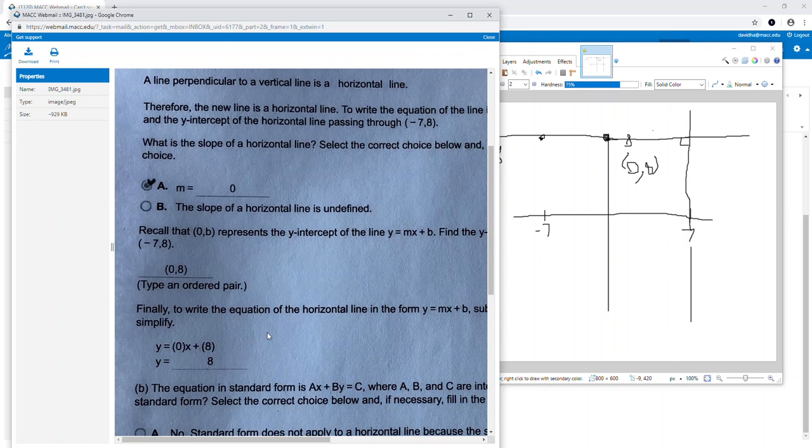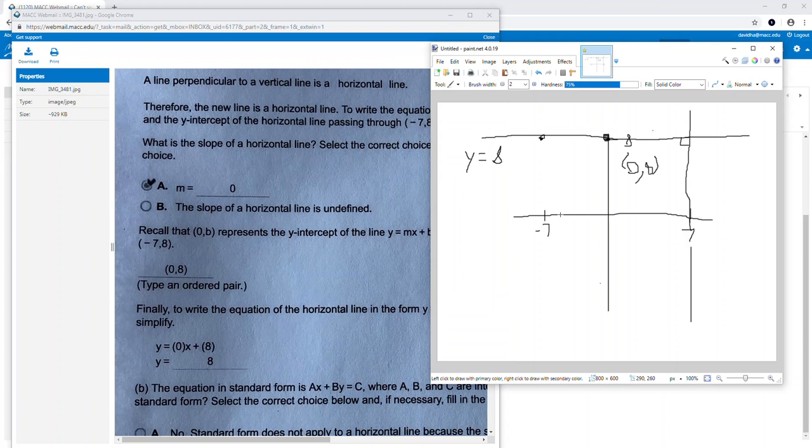Okay, finally, to write an equation of the form, I already did that: y is equal to 8. When you're talking about parallel and perpendicular, I have a real hard time without using the graph. So that's why I immediately went to the graph on these, because then I could visualize it and see exactly what it is.